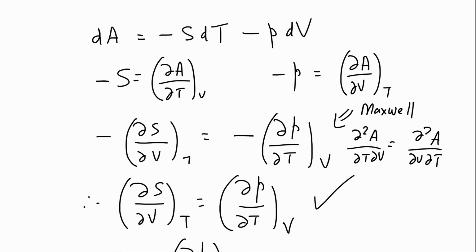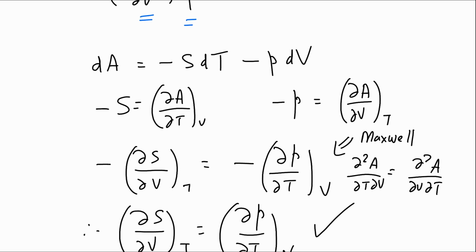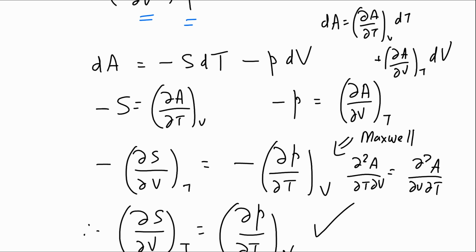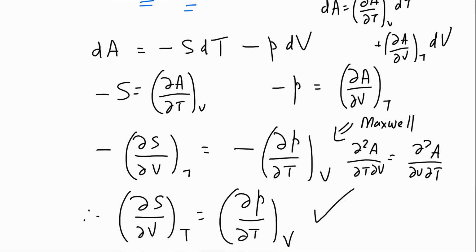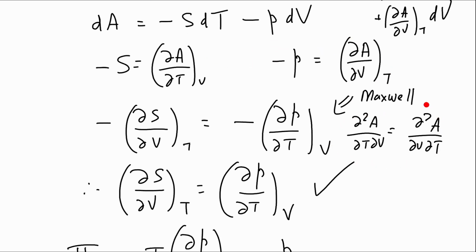This is the calculus, so now we just do calculus. Given this from the front of the exam, dA is partial A partial T at constant V dT plus partial A partial V at constant T dV. That's what I mean by the differential. So I read these off, and then I use this to get this.